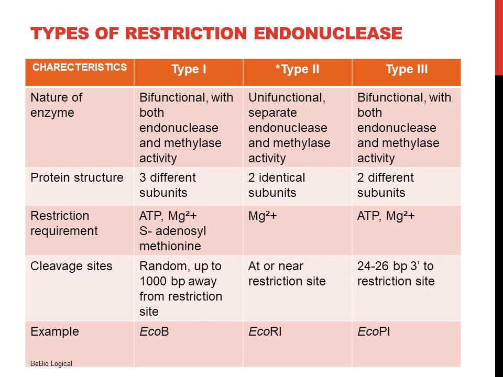That is why it is mostly used in recombinant DNA technology, while type 1 cleaves at a random site up to 1000 base pairs away from the restriction site, while type 3 cuts 24 to 26 base pairs downstream of the restriction site. Coming to the examples, a common example of type 2 is EcoRI, type 1 is EcoB, type 3 is EcoPI.